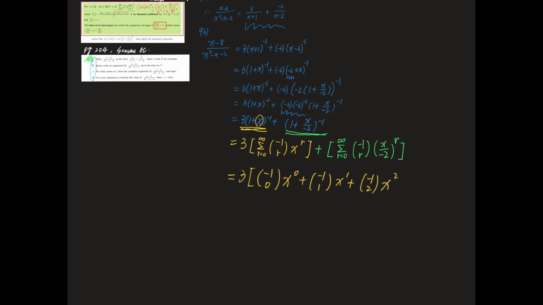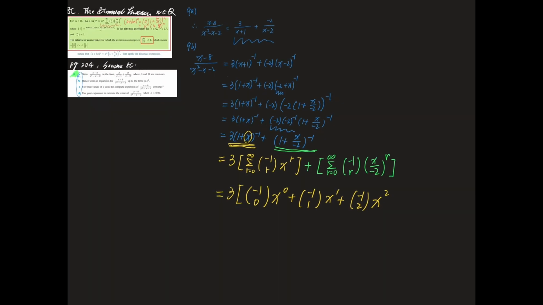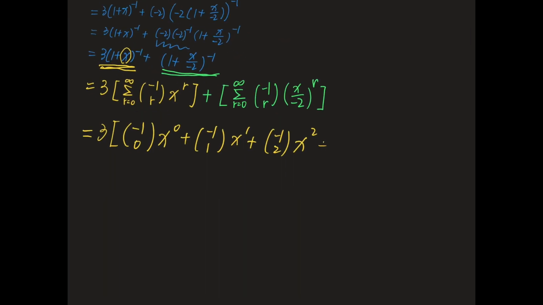And when to stop? From the question, we know we need to stop at the term in x to the power of 3, right? So we're going to stop here when r equals 3. We know there are infinitely many terms going on, but we're going to stop here.